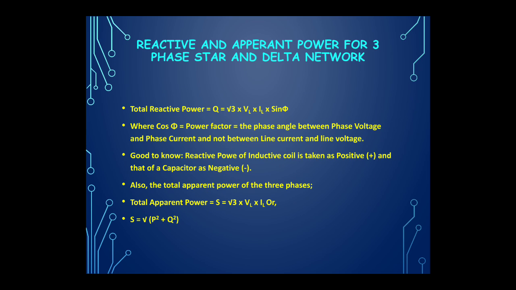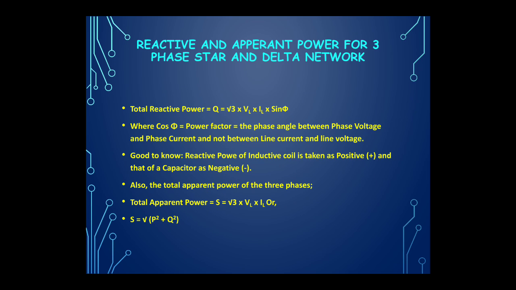So total reactive power Q, in a three-phase star or delta circuit, instead of cos phi we multiply sin phi with root 3 into VL into IL. Here phi is the phase angle between phase voltage and phase current, and not between line current and line voltage. Good to know, reactive power of an inductive coil is taken as positive and that of a capacitor as negative.